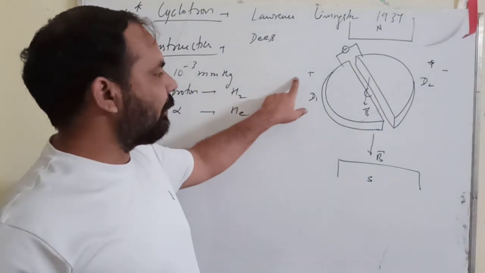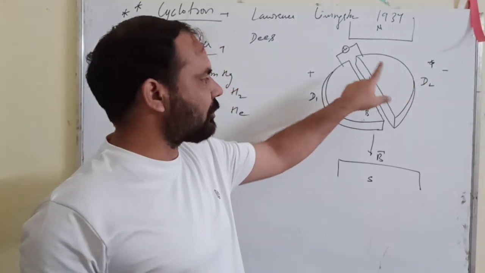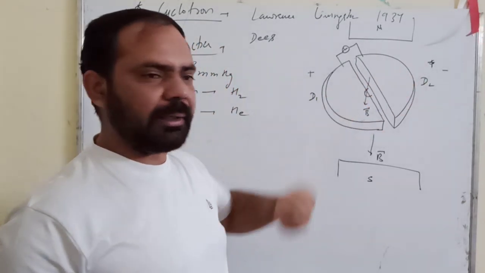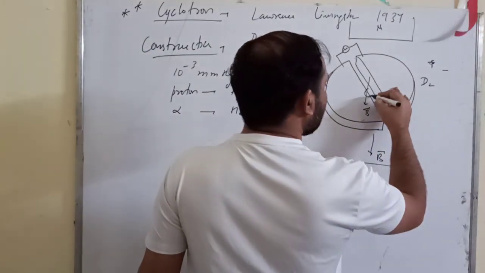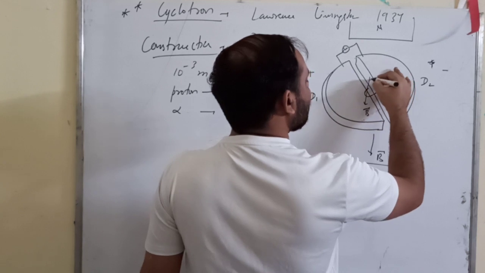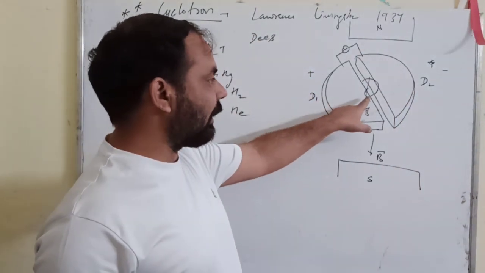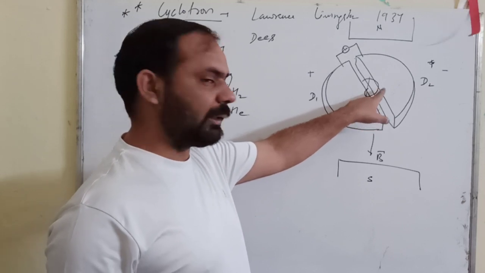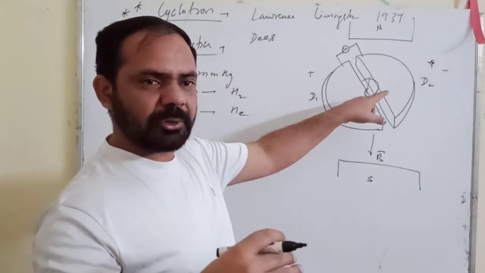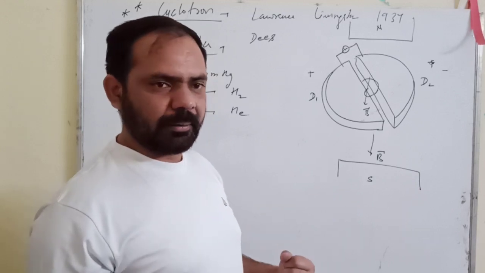Now there will be a repulsive force from D1 on the charged particle and an attractive force due to D2. So now it will move into this D. But again, since there is a magnetic field, it will follow a circular path. Correct? Since it is crossing to the other D under the effect of a force, it will gain velocity.